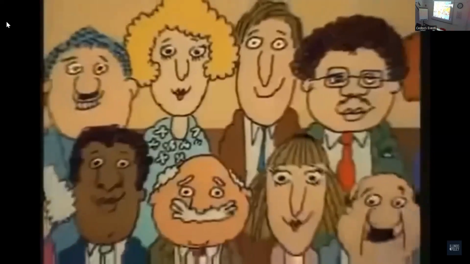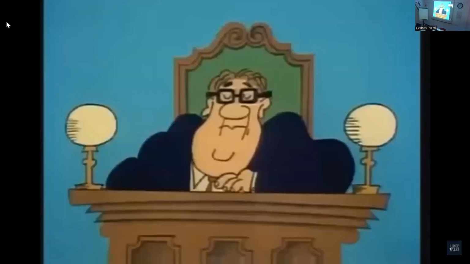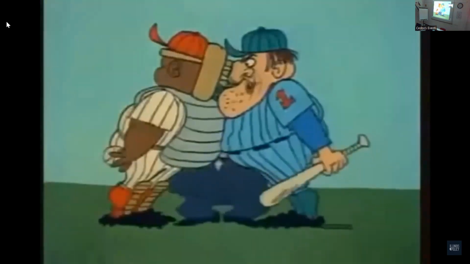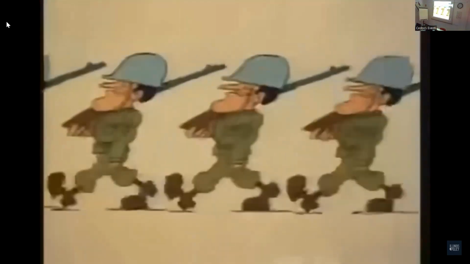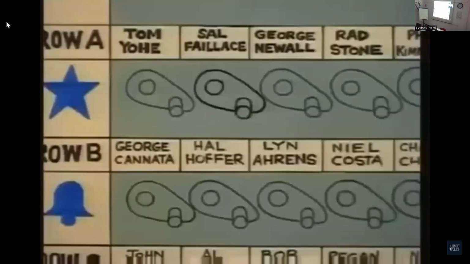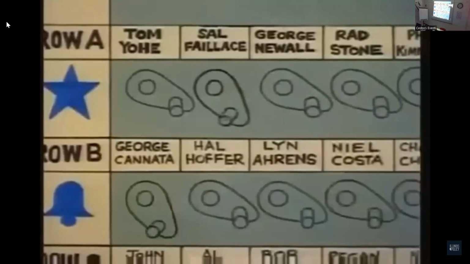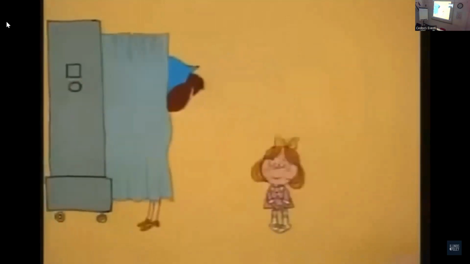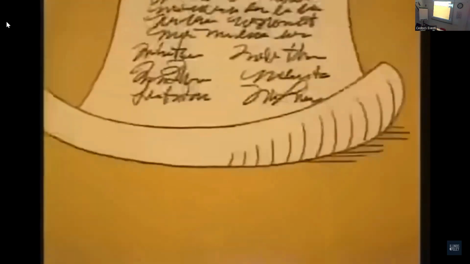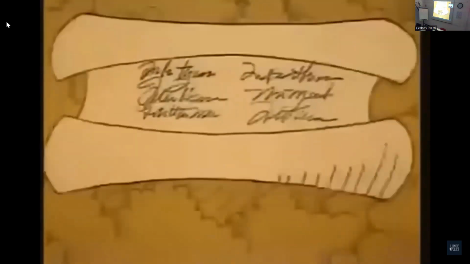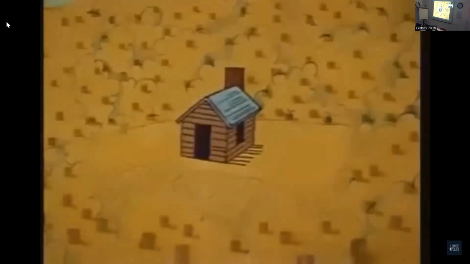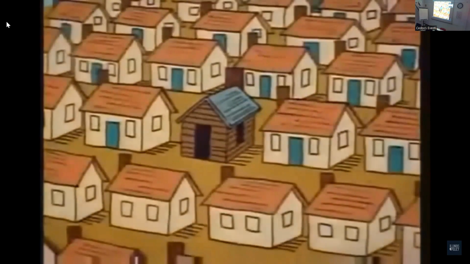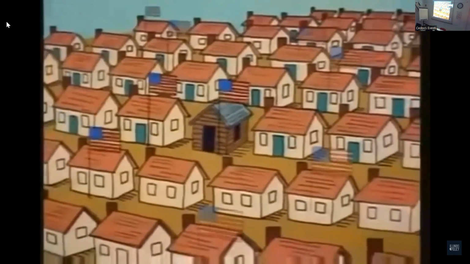We the people, in order to form a more perfect union, establish justice, ensure domestic tranquility, provide for the common defense, promote the general welfare, and secure the blessings of liberty to ourselves and our posterity, do ordain and establish this Constitution for the United States of America, for the United States of America.